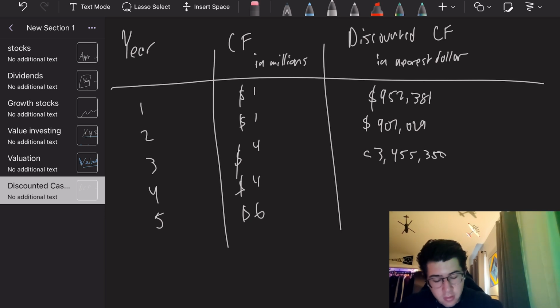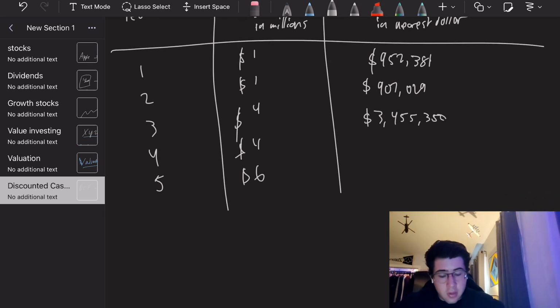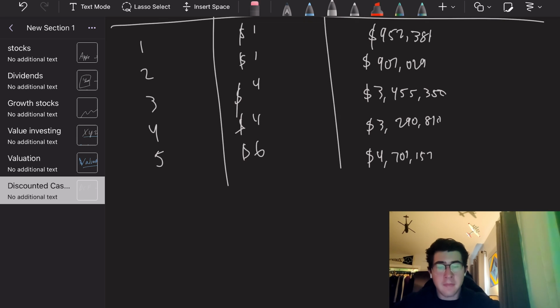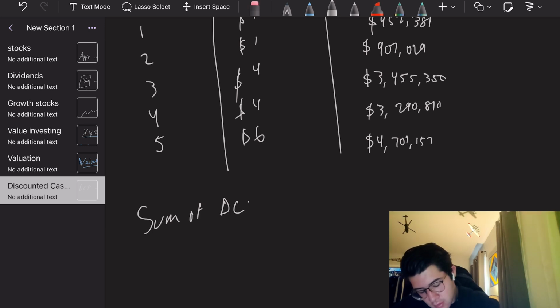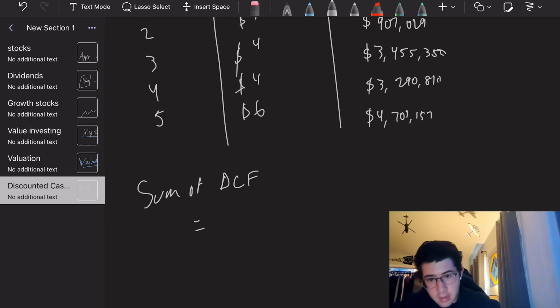Third year, we have like 3.455350. Fourth year, and then the fifth year. And now you add all these up. So on discounted cash flow, you get $13,306,727.